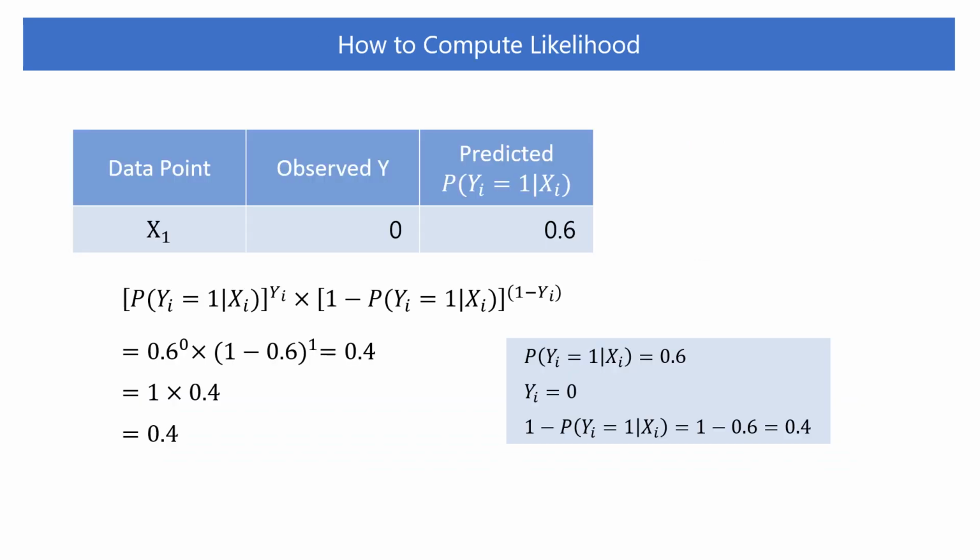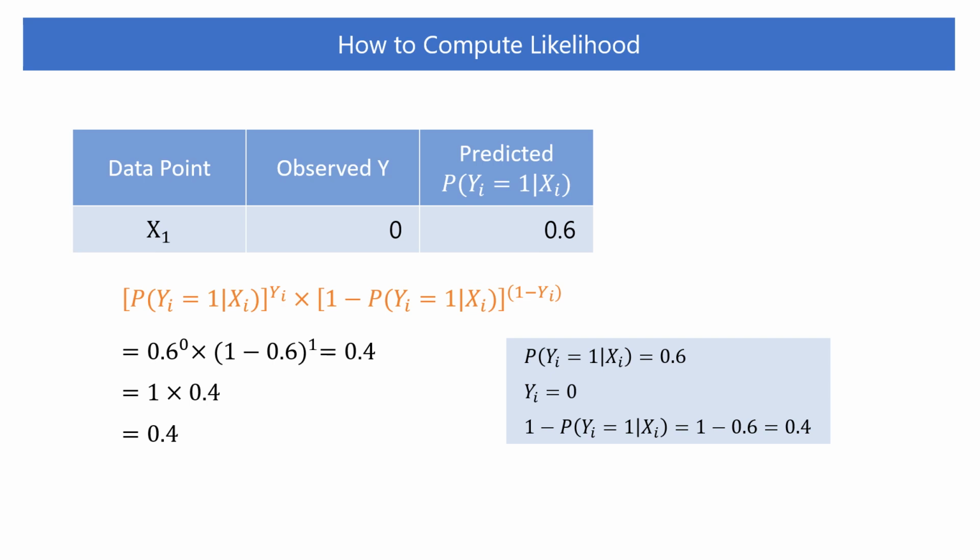Let's look at some examples of likelihood calculations. Let's start by looking at the calculation of the likelihood for a single data point. Let us consider the case of a binary classification model making a prediction about a certain dataset. Suppose there is a data point x1 and the observed value of label y is 0. Suppose that the model predicts that x1 has a probability of 0.6 that label y is 1. Let us compute the likelihood in this case.